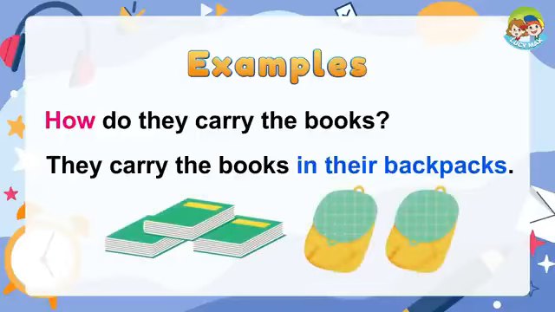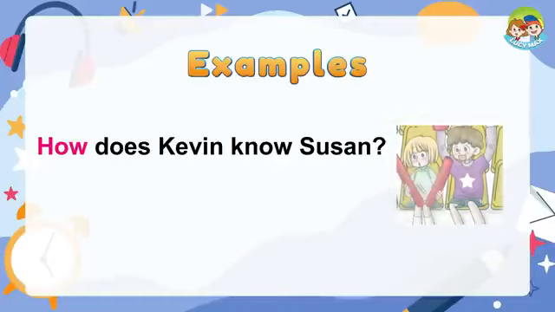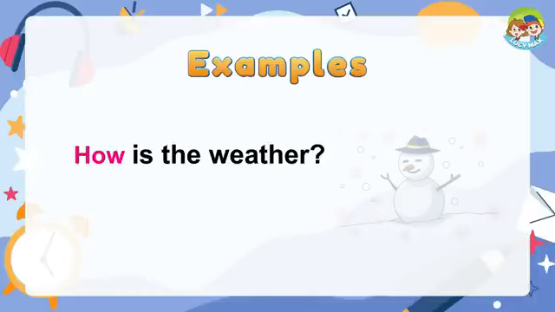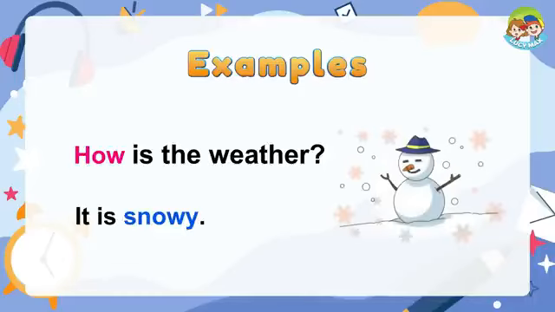They carry the books in their backpacks. How does Kevin know Susan? Susan is Kevin's cousin. How is the weather? It is snowy.